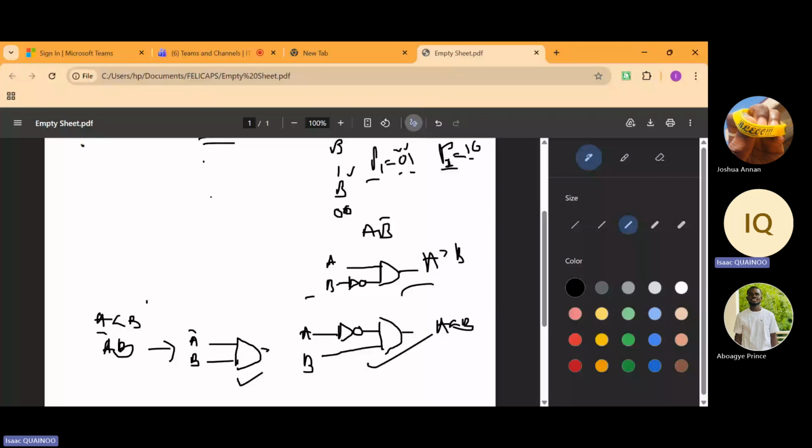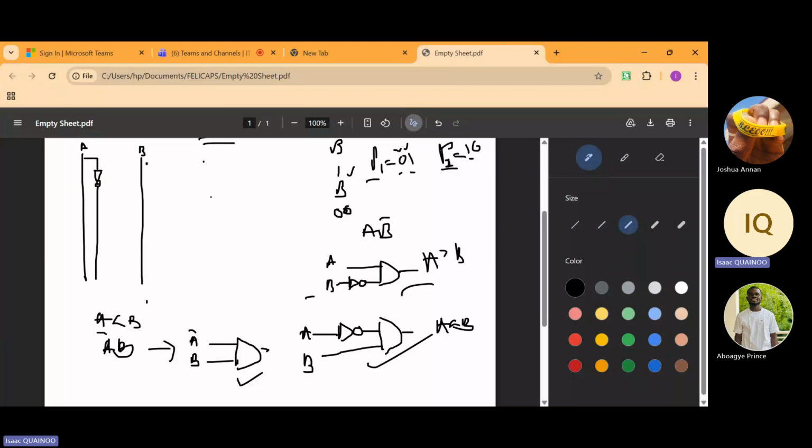So you have your A right here. And then we need the negation of that. So not A is going to be here. And then we have our B right here.